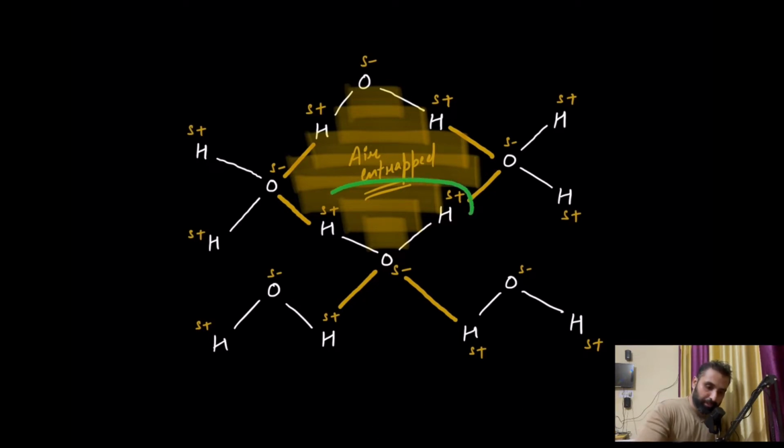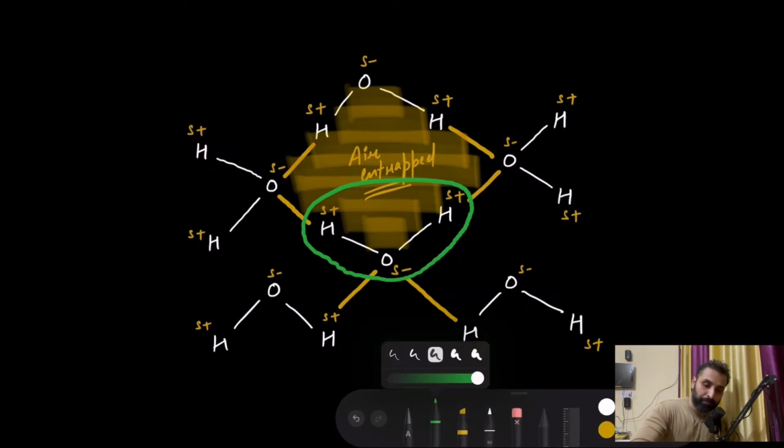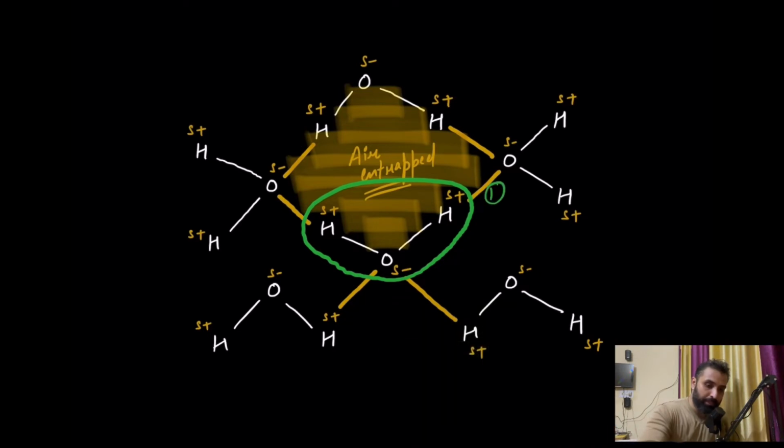Now I am focusing on this H2O molecule. How many hydrogen bonds does this H2O molecule make? Let me mark the hydrogen bonds. That's hydrogen bond number 1, number 2, number 3, and number 4. That means in the structure of ice, one H2O molecule will make 4 permanent hydrogen bonds.